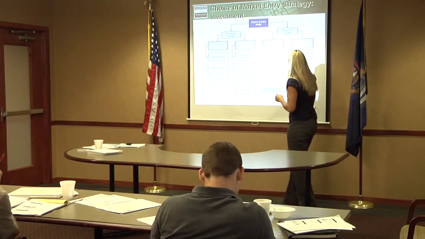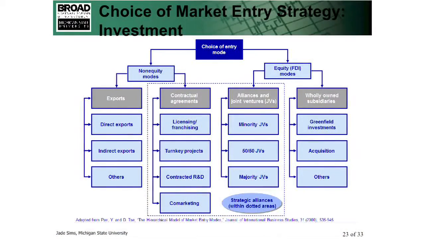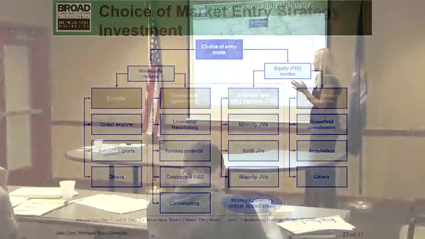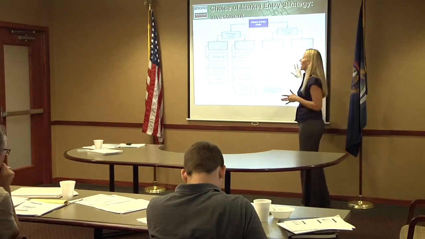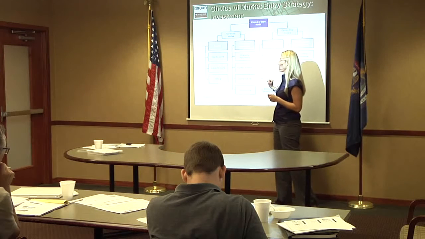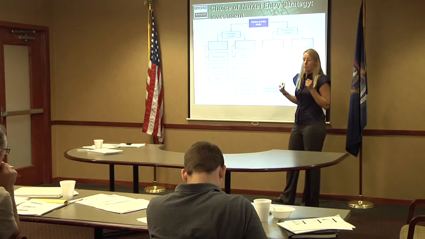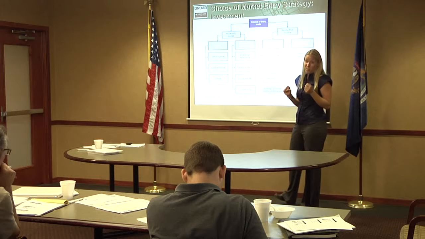Another way of looking at it is that these two columns in the middle are strategic alliances. So these are areas where you're really reliant and you've got a relationship with a partner overseas, whereas here and here you're not working as closely with a foreign partner. You're pretty much usually making the calls yourself.